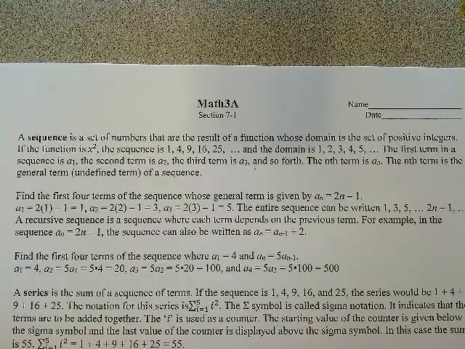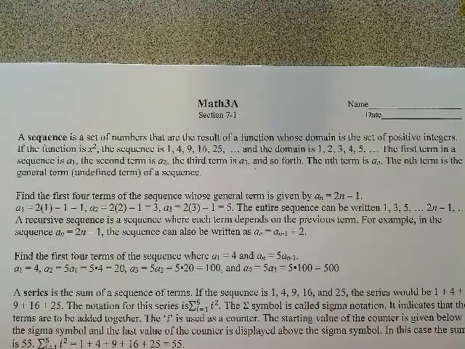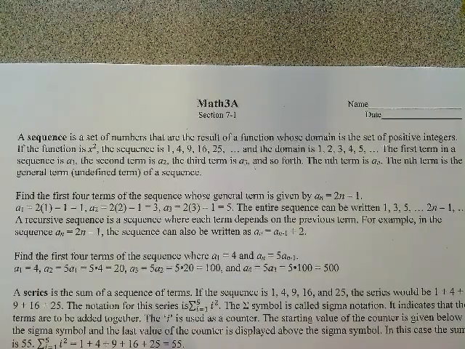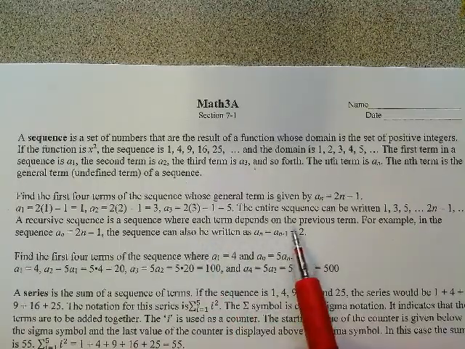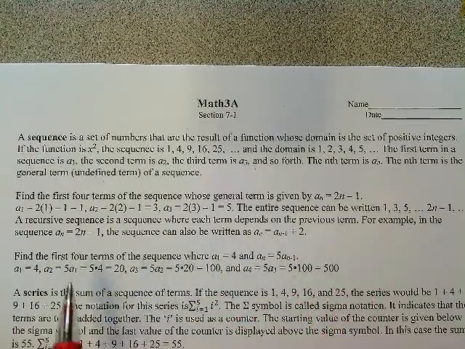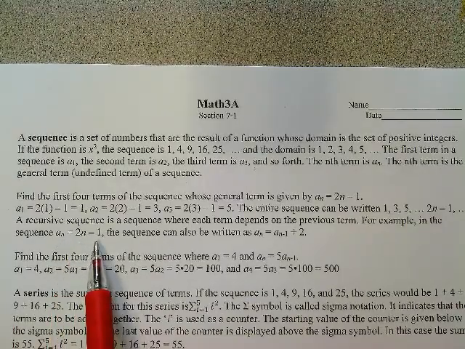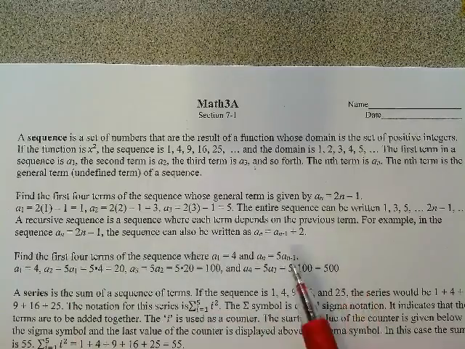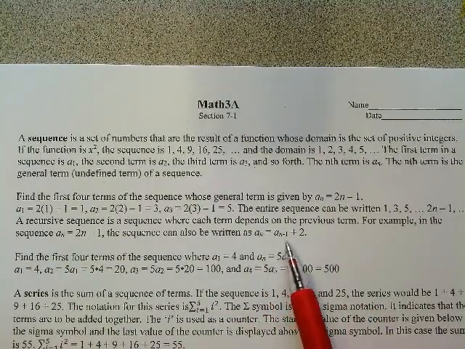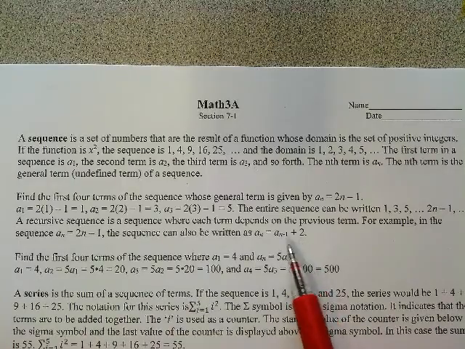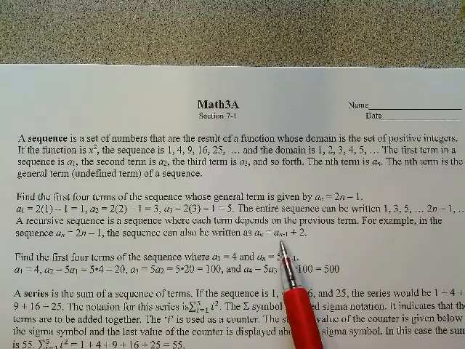There is a second way to do this, which is basically called a recursive formula or a recursive sequence, in which each term in the sequence depends on the term before it. For example, in the sequence an equals 2n minus 1, the one we were just looking at, we could rewrite it as an equals a(n minus 1) plus 2, where whatever term we're talking about, this is the previous term.